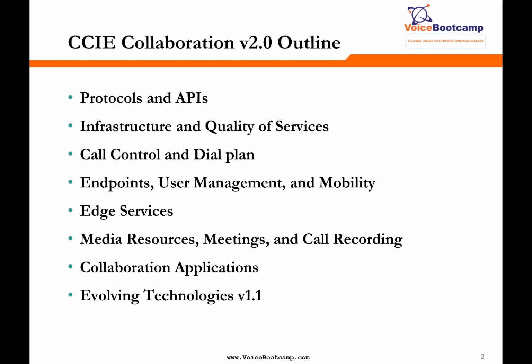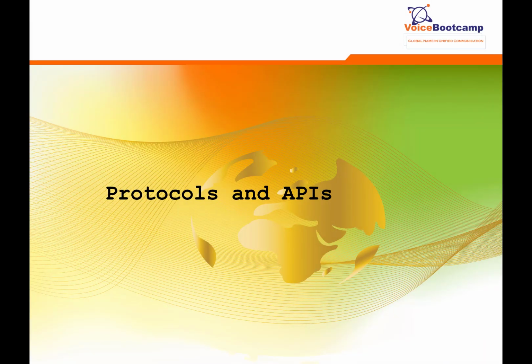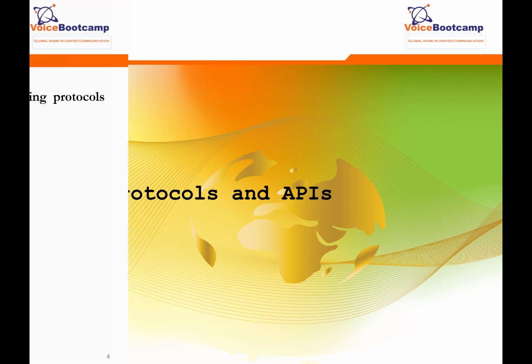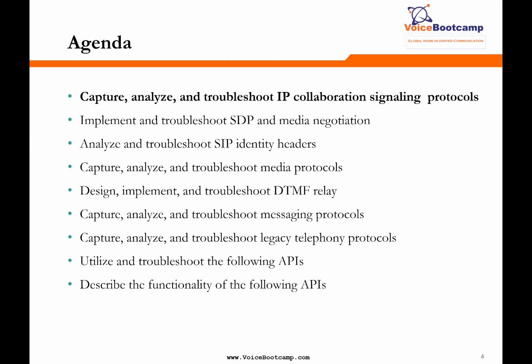Now, protocols and APIs is one of the first chapters that Cisco is focusing on, where it gives you an overview about capturing, analyzing, and troubleshooting IP collaboration. It focuses on troubleshooting SDP and media negotiation, and analyzing and troubleshooting SIP identity headers. It will capture, analyze, and troubleshoot media protocols such as H.323 and various others.